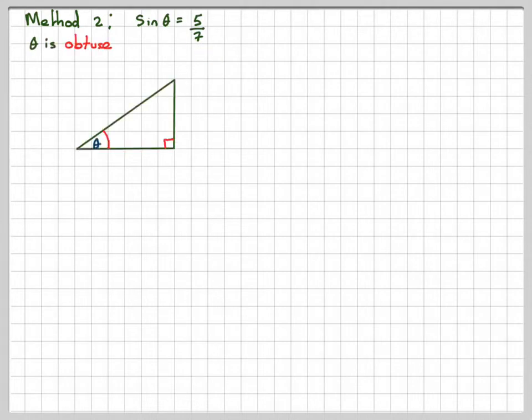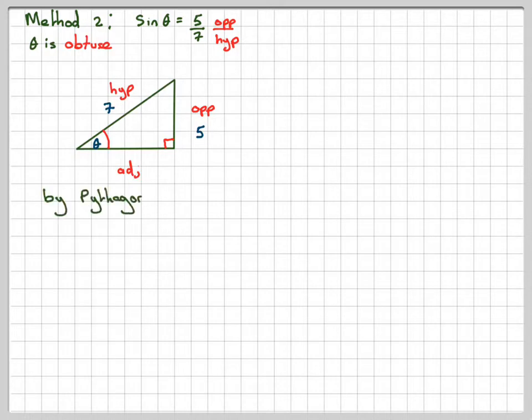The second method is, remember, we want the sine theta is 5 over 7, and we know that theta is obtuse. So it's to draw a right angled triangle, label it opposite, adjacent, and hypotenuse. Sine is opposite over hypotenuse, so the opposite side is 5, the hypotenuse is 7. Now we can find the adjacent side by using Pythagoras' theorem.